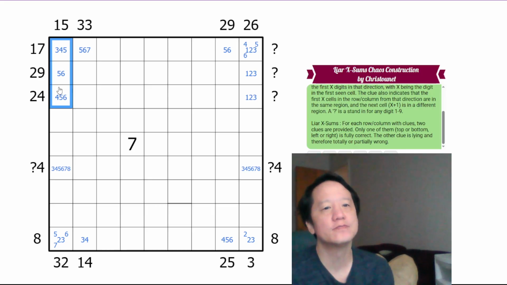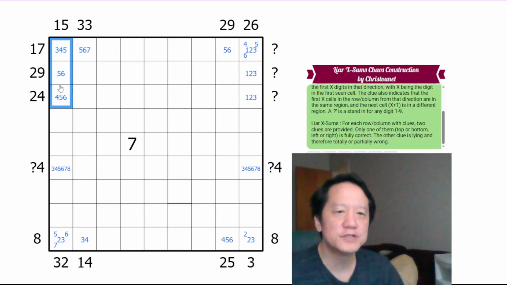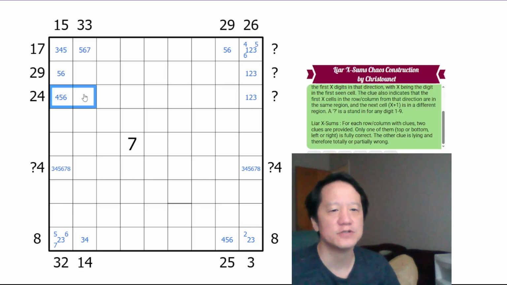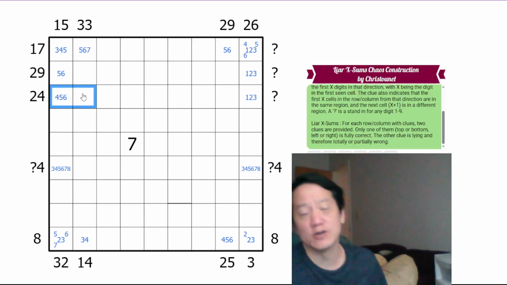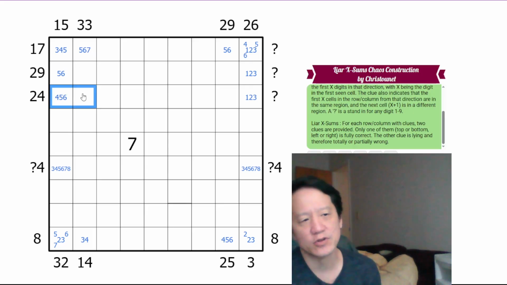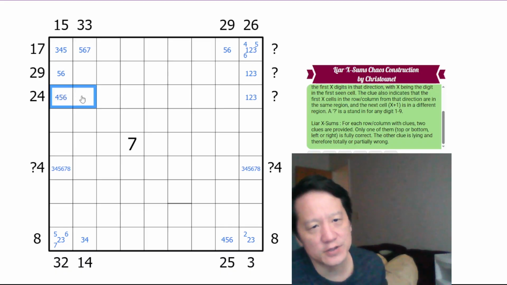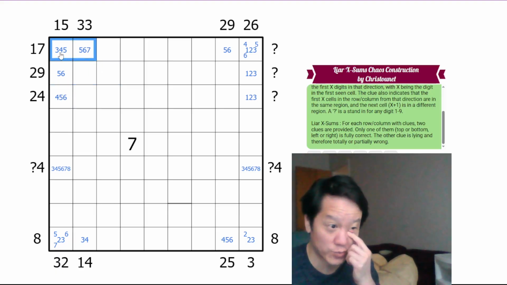That's interesting. Is there any way then that all of these would be valid? And I think the answer to that is no, right? But it could be none of them are valid, right? So if all of them are valid, yeah, these would be in the same region. They would have to add up to 24, 29, and 17, which is way too large.